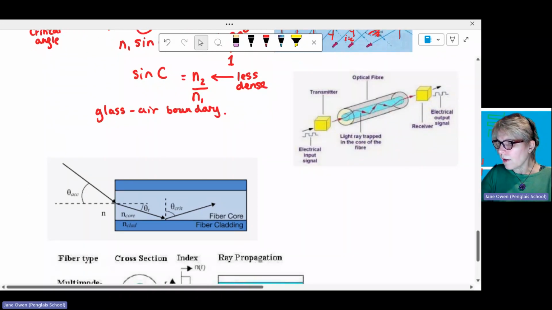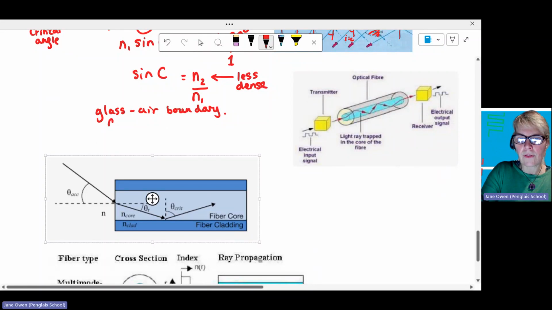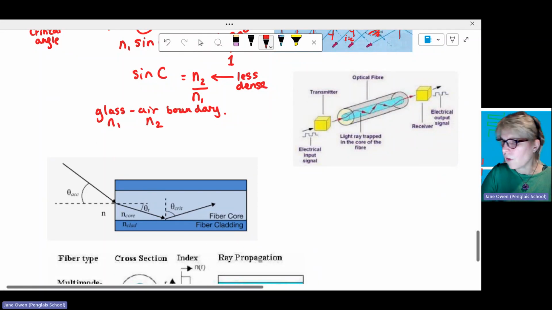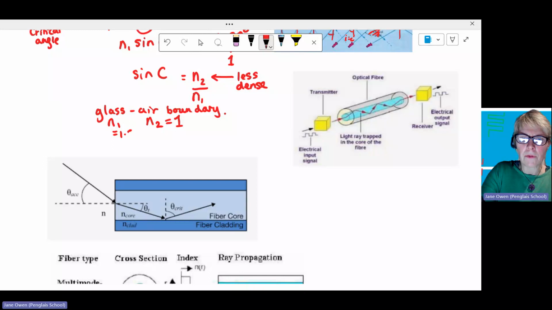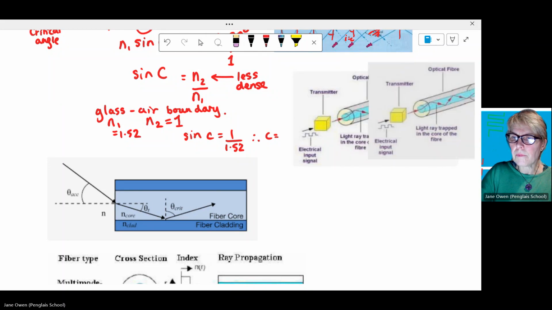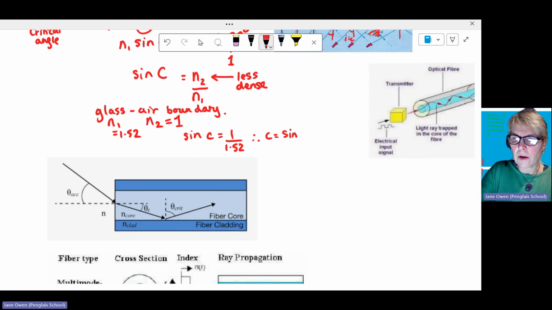So for glass to air, glass is n1, the air is n2, and the refractive index for air is 1. For glass, we'll have 1.52. So sine C is equal to 1 over 1.52. So therefore C is equal to sine to the minus 1 of 1 over 1.52.